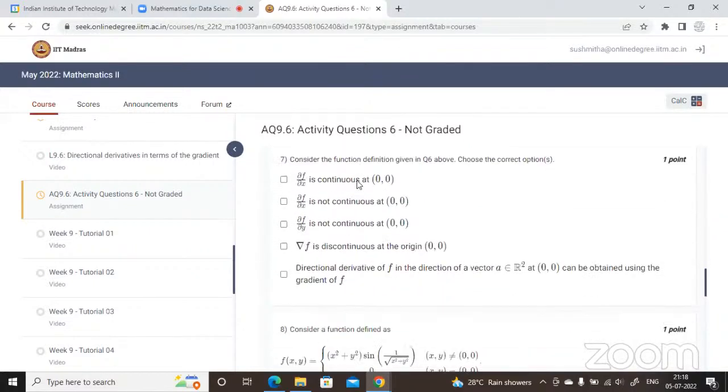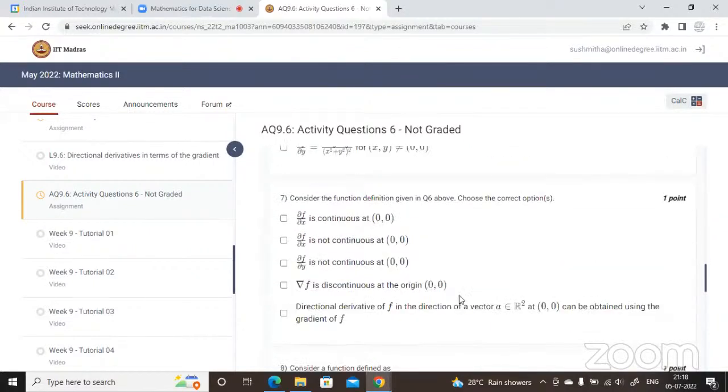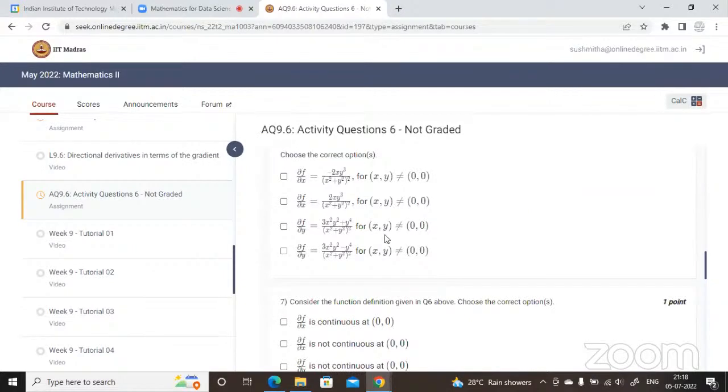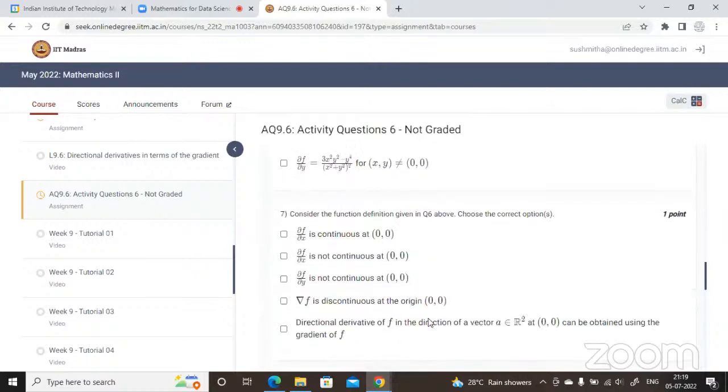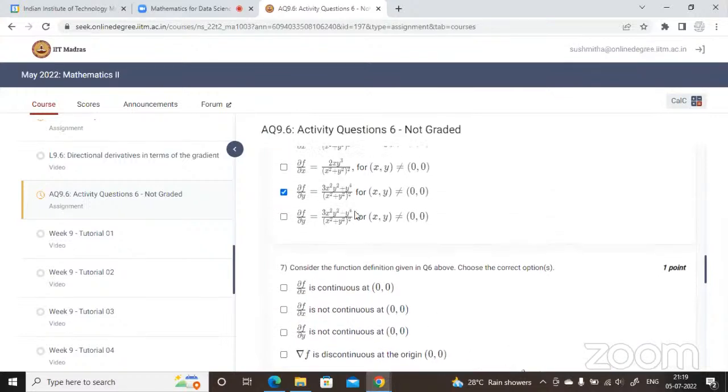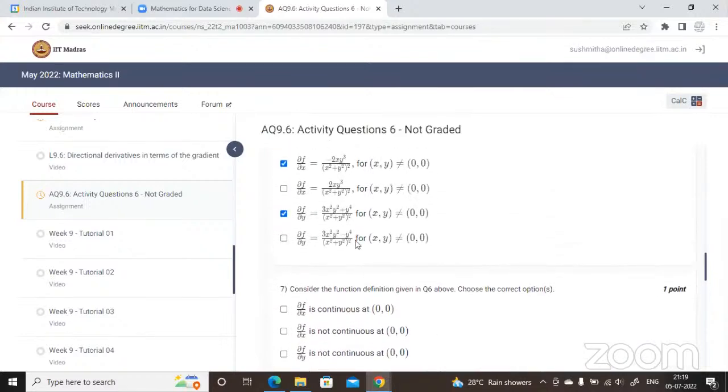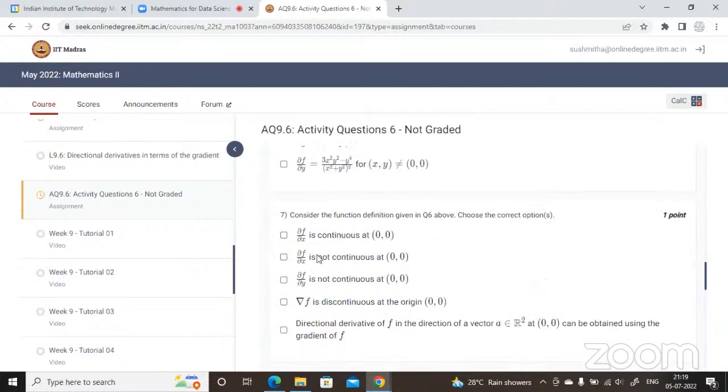Did you calculate the derivatives? Which one did you get? Option 1 and option 3. Okay, fine. Discontinuous at origin. Question number 5, option 3... it is option 5. Yes, option 5.